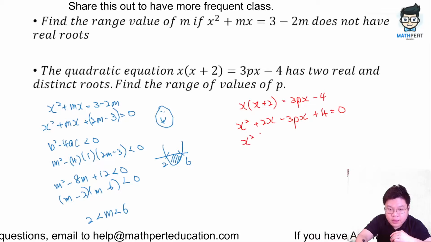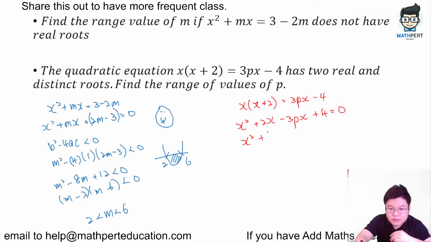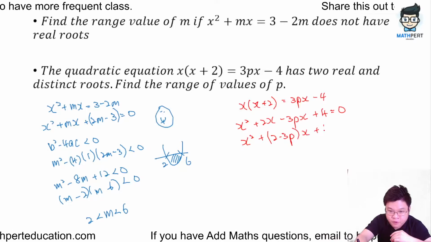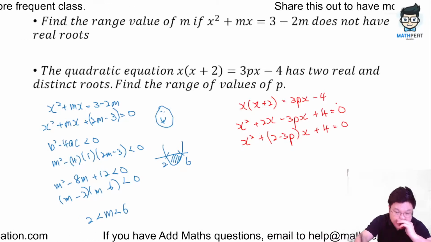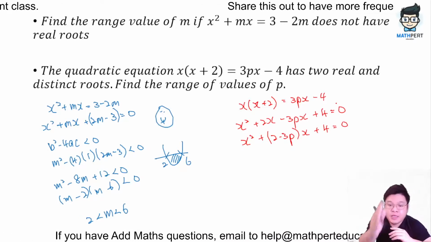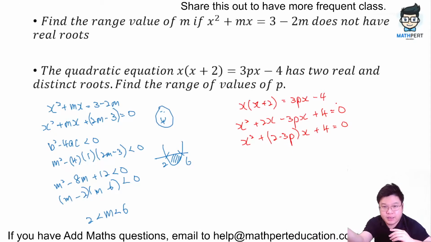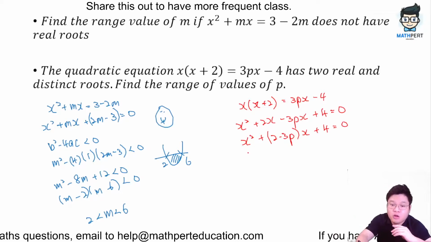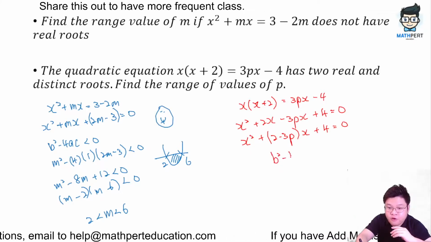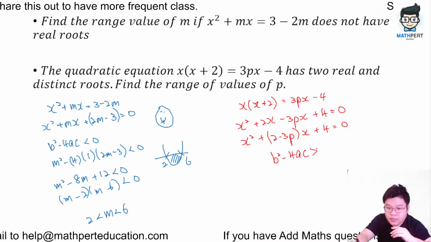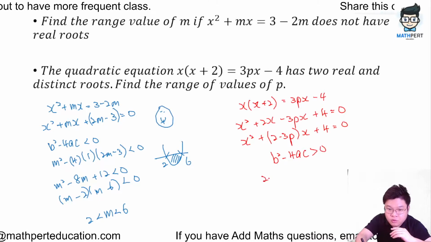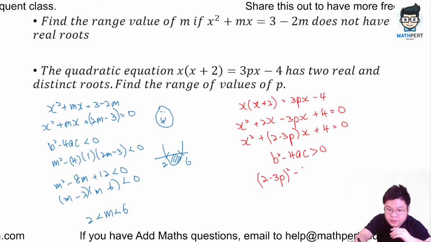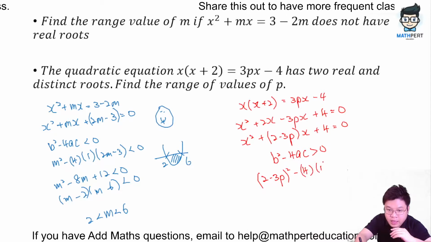So x squared plus (2 minus 3p)x plus 4. Now my b is 2 minus 3p, a will be 1, c will be positive 4. So b squared minus 4ac greater than 0. So (2 minus 3p) squared minus 4ac.